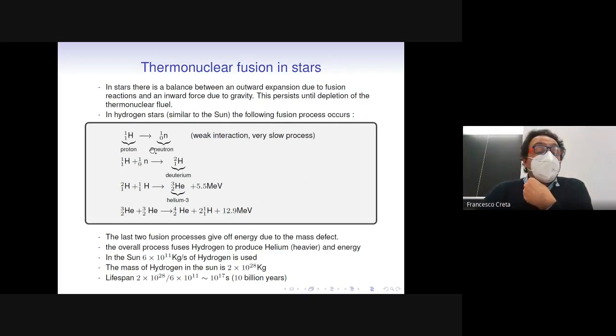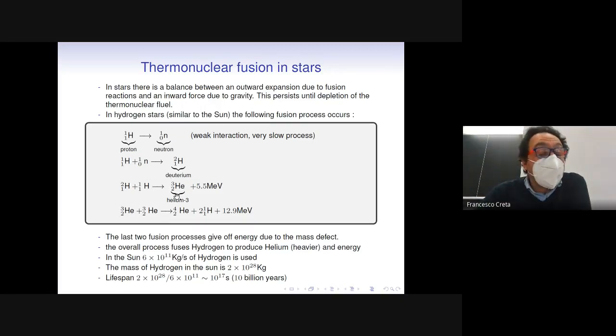You have essentially a process, well, it's pretty complicated, so I'll just very rapidly go through it; you don't have to know this, obviously. We have to decay this into a neutron, and then other hydrogen atoms with the neutron form hydrogen isotopes like deuterium. They react together with another hydrogen atom to form helium.